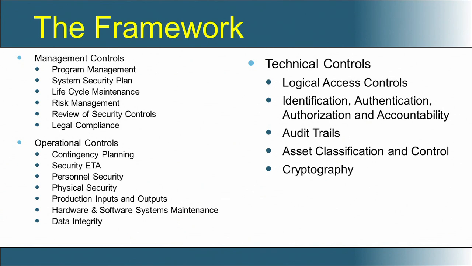The management controls: program management, system security plan, life cycle maintenance, risk management, review of security controls, legal compliance, etc. While operational controls include contingency planning, security awareness, personnel security, physical security, production inputs and outputs, hardware and software systems maintenance, data integrity, etc. And you have technical controls, which we have already talked of, like logical access controls, identification, authentication, authorization, accountability, audit trails, log management, asset classification and control, and then cryptography. So, all these form part of your technical control.